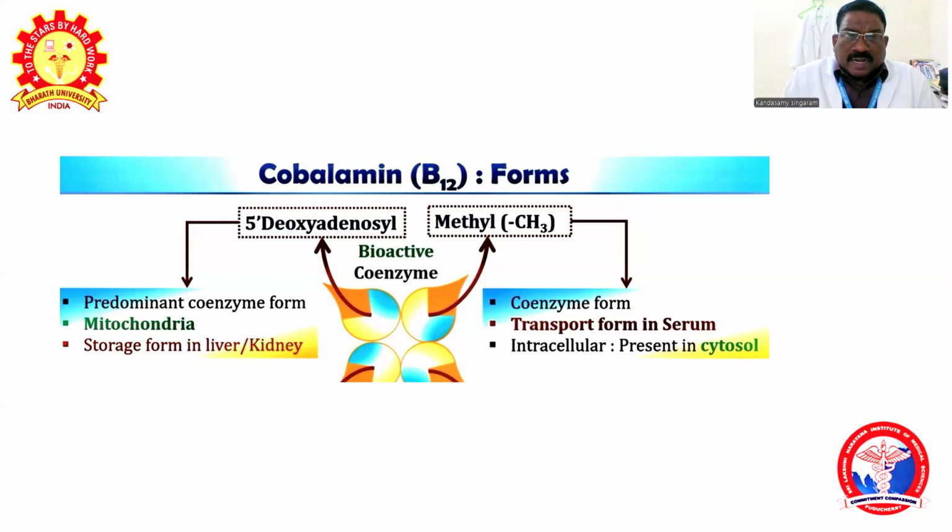The 5-deoxyadenosyl cobalamin is the predominant coenzyme form, which is present only in the mitochondria, and is the storage form of vitamin B12, especially in the liver and kidney. Whereas the other coenzyme form is methylcobalamin. It is the transport form of vitamin B12 in the serum. It is present intracellularly in the cytosol.